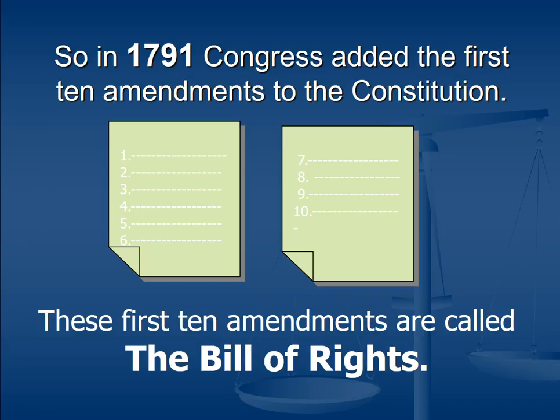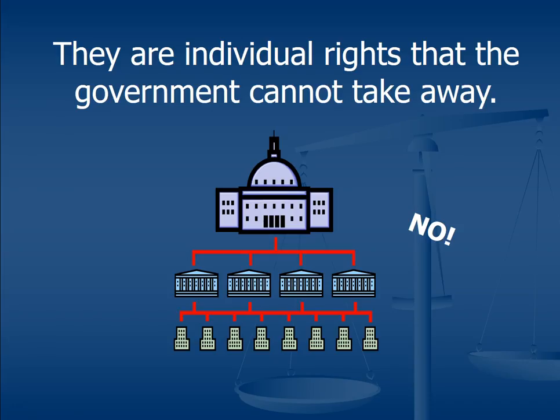And so in 1791, Congress added the first 10 amendments to the Constitution, and these first 10 amendments are typically referred to as the Bill of Rights. These are very, very applicable to law enforcement and have been and will continue to be, I'm sure, through law enforcement's history, whenever that tends to end, if it ever does.